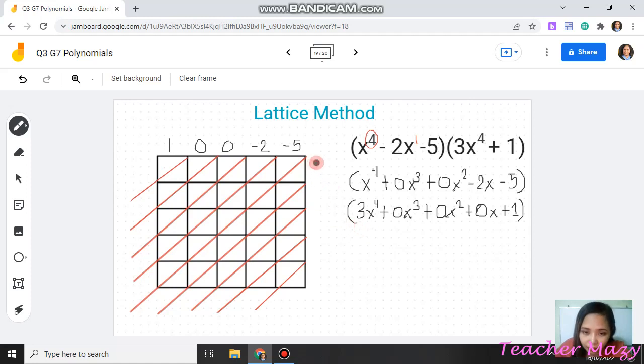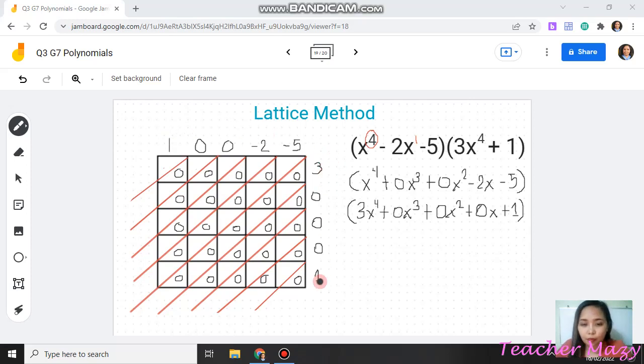So we have 3, 0, 0, 0, and then 1. Okay, now let's write zeros under each diagonal line.